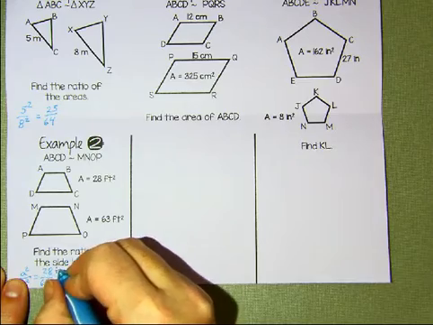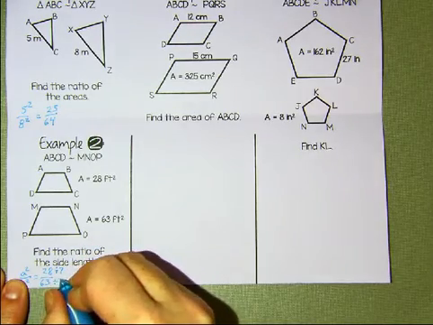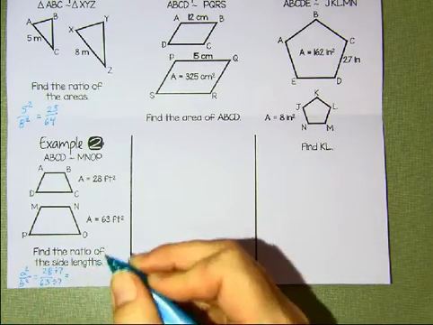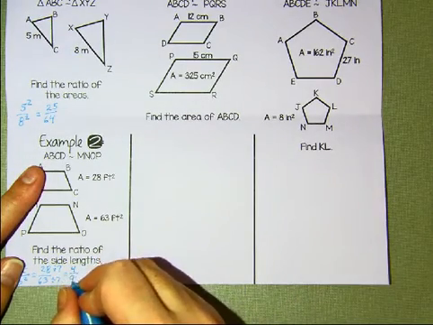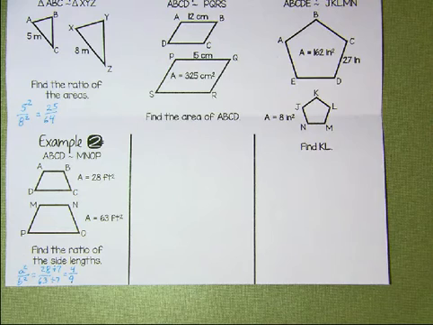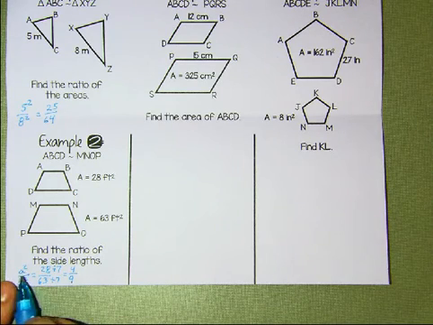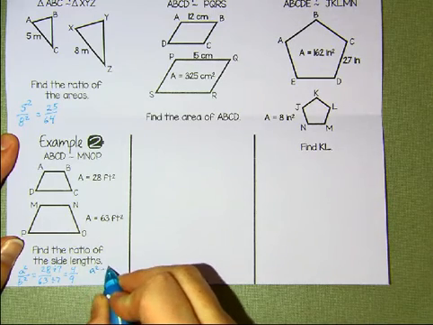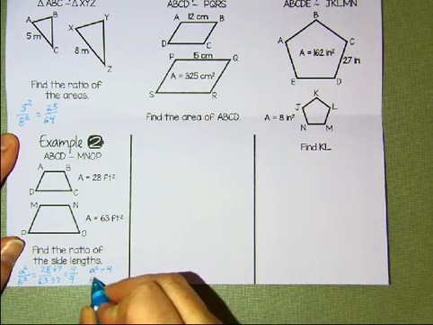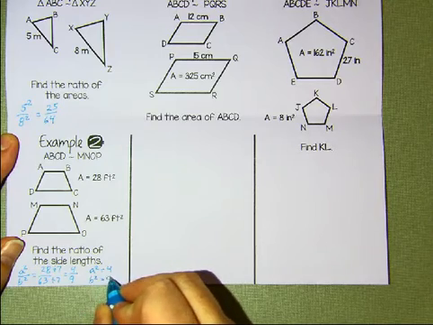If I divide by 7 on the top and divide by 7 on the bottom, I end up coming up with 4/9. 4 and 9 are perfect squares. So now I'm going to set up two different equations here. We have a squared equals 4, and I have b squared equals 9.